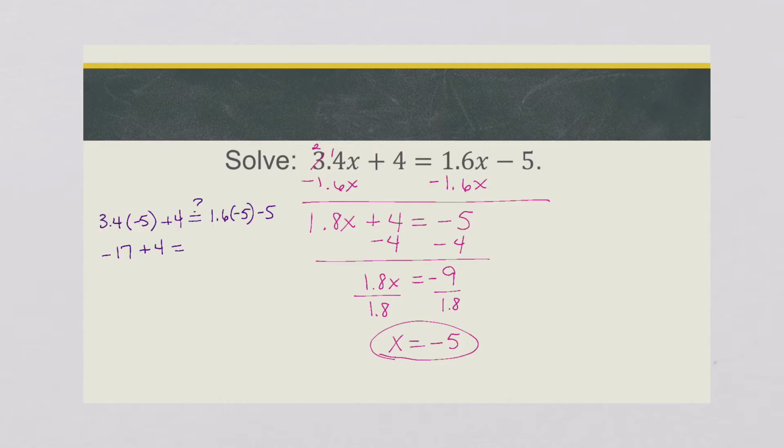On my calculator I'm typing in 1.6 times negative 5 and I get negative 8. Negative 17 plus 4 is negative 13. Negative 8 minus 5 is negative 13, so I know that this is the correct answer.